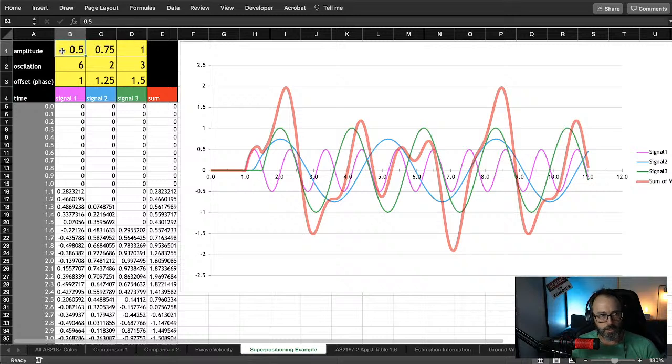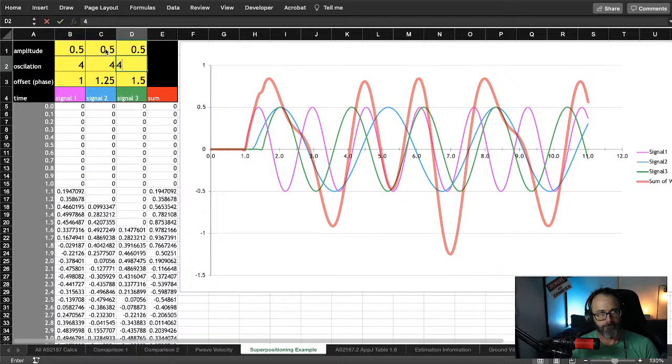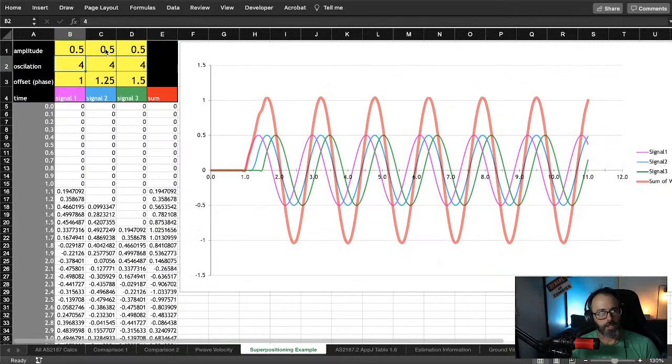So let's look at something that's simple. Let's put them all at the same point, 0.5. And let's put them all at the same oscillation of 4. We're going to put them all in phase.